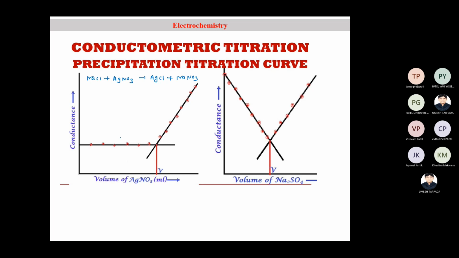So in this case, NaCl reacts with AgNO3. This is a precipitation reaction. Consider the mobility of Cl minus ion and the mobility of NO3 minus ion.